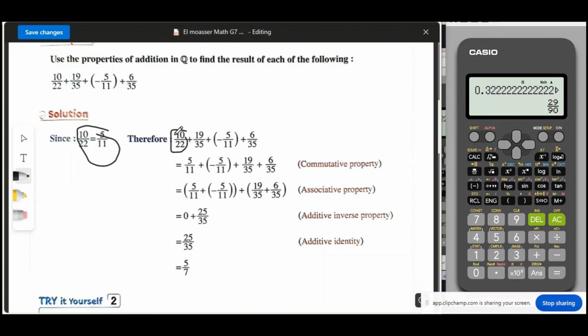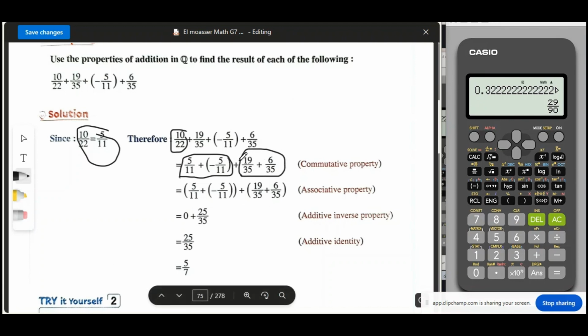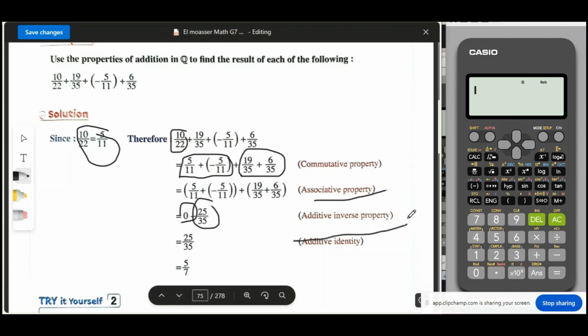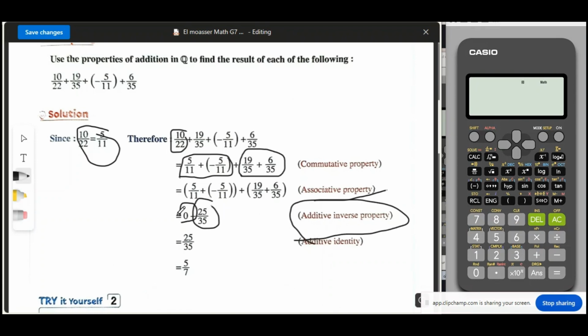So we simplify it to 5 over 11 and put the same values here, the positive and the negative together, the same denominators together, so it can be easier. After that, make associative property, put brackets around them, and now get to your calculator and solve it. It will give you here 0 and 24 over 35, and you know it, additive inverse property, 0 plus anything will be the same.